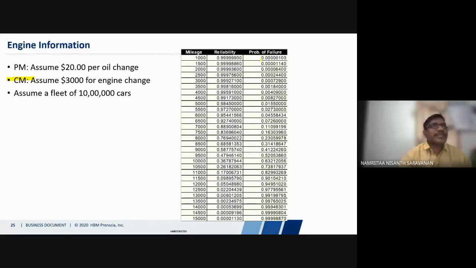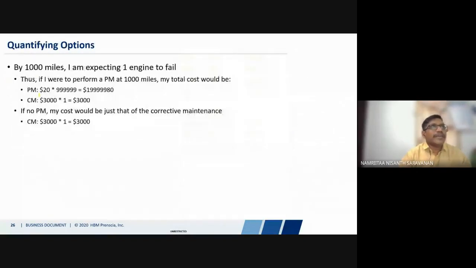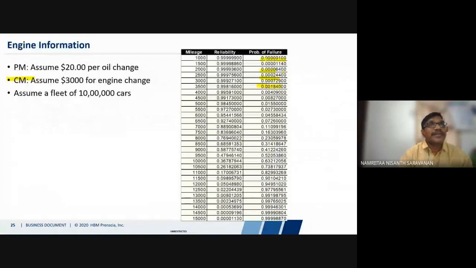This is the probability, which is calculated based on some mathematics. Based on this probability, if you change your engine oil every 1,000 miles, every 1,000 kilometers, based on the probability metric, every 1,000 hours, this is a probability of 0.000 something. Now you have 10 lakh cars in the fleet from a company point of view.